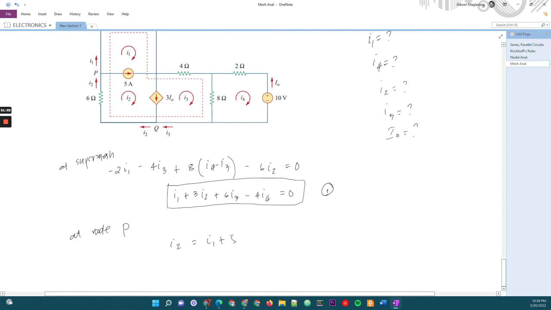Okay? So this is equation 2. And then at node Q, we get I2 equals I3 plus 3 I0. Okay, so this is equation 3.